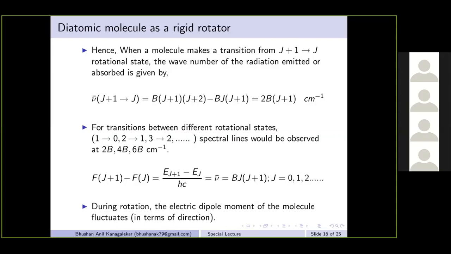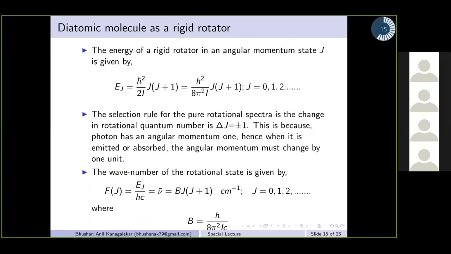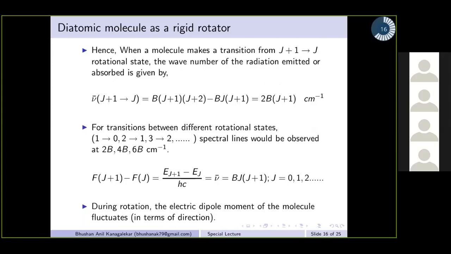Like that, if you substitute the lower J value, you will get the spectral lines at 2B, 4B, 6B. They are equally spaced in units of wave number. E divided by hc gives us the wave number, the reciprocal of the wavelength.